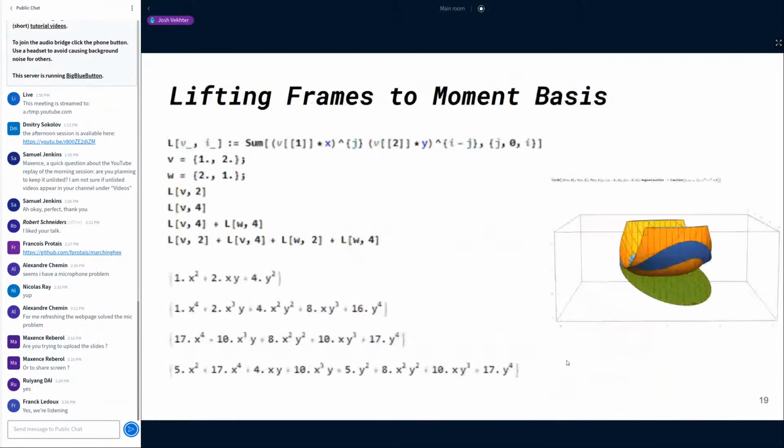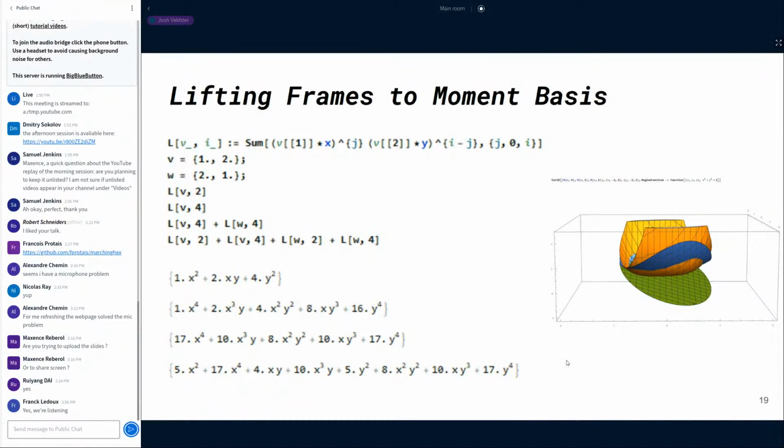So L is defined as just tensoring. We're going to lift, and on this slide we're going to think of there being a coefficient. So there's L2 and L4. L2 will lift to the second order monomial basis, and then L4 will lift to the fourth order monomial basis.